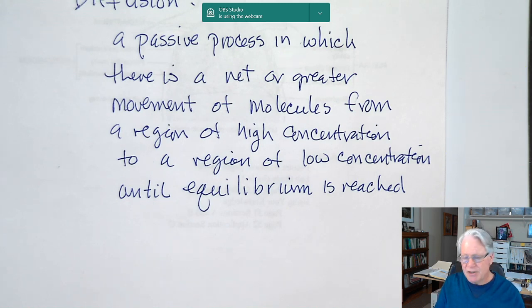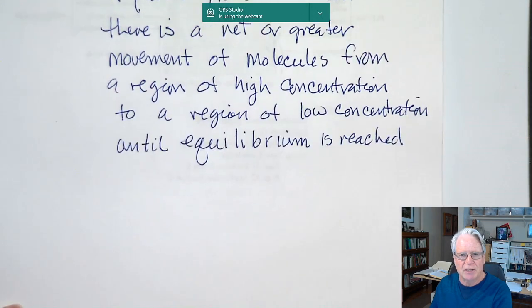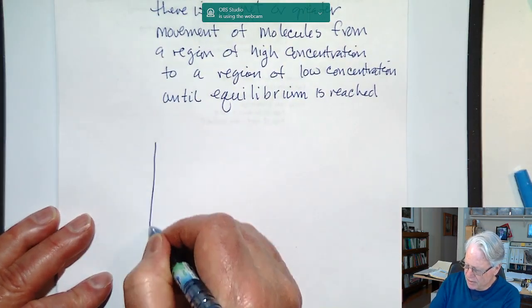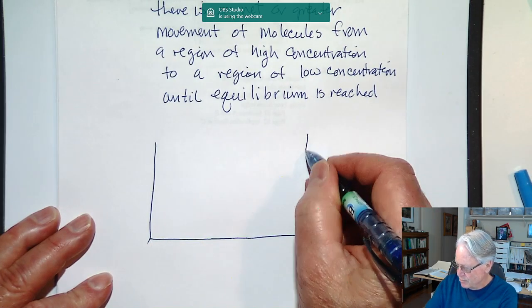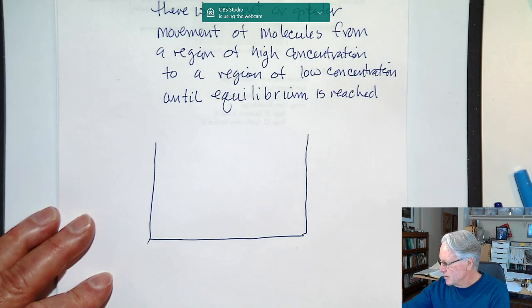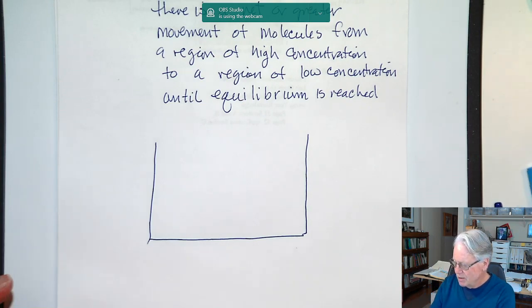All right, so let's very quickly draw a little example of what that would look like. If we have a container of some sort, doesn't matter what kind it is, and we get a concentration of some molecule.